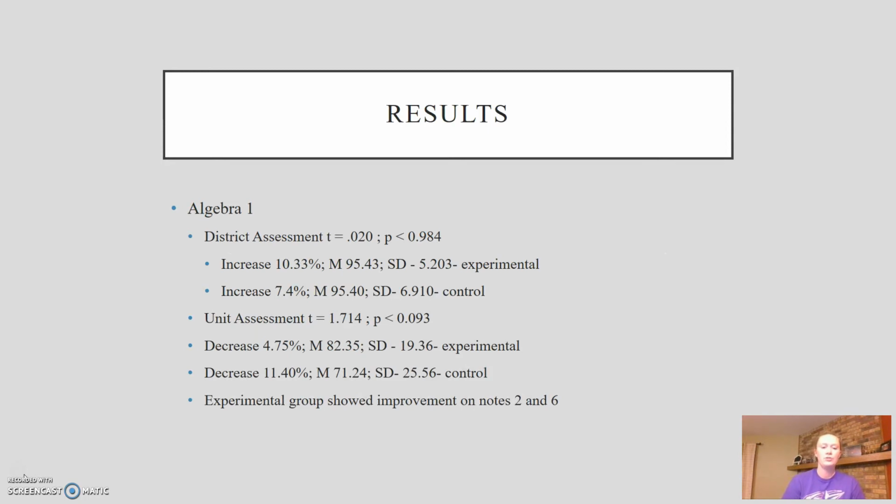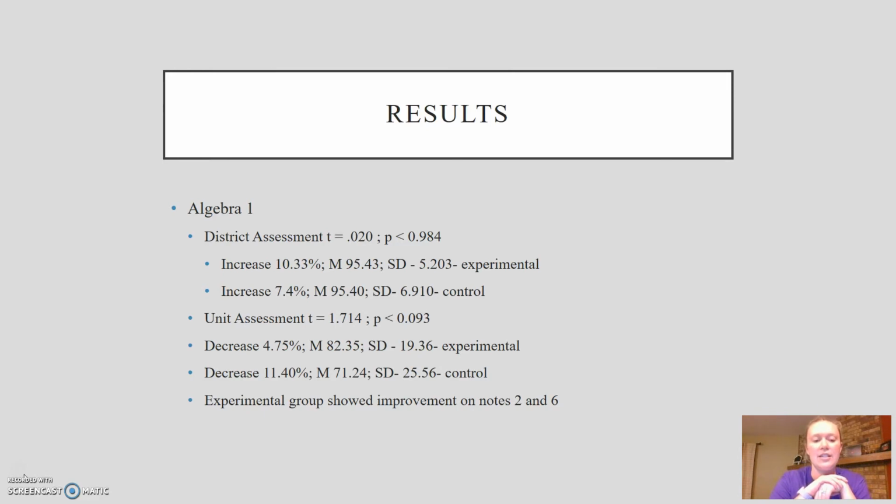My Algebra 1 students, we had an increase on the district post-test. It was a 10% increase versus a 7% increase that the control group had. But again, it was kind of like the unit post-test for Algebra 1A. The mean scores were just too similar for it to say, yes, this worked.